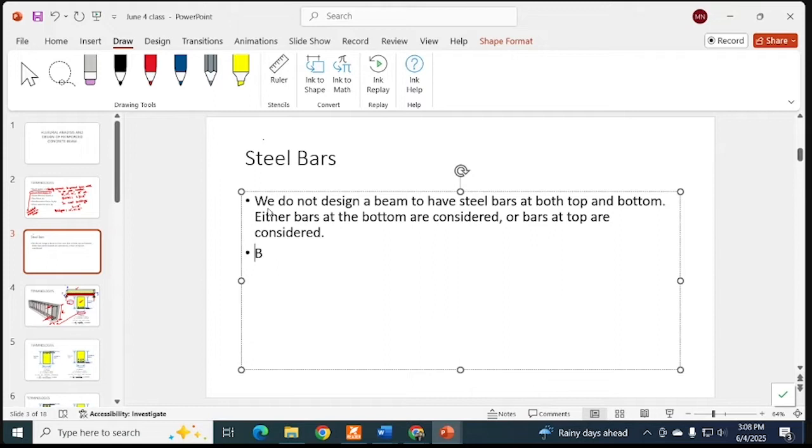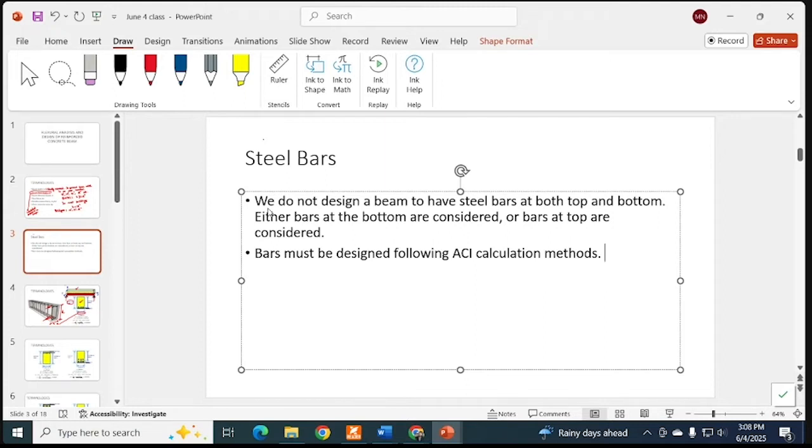But bars must be designed following ACI calculation methods. So this is our purpose. We will design the number of bars.